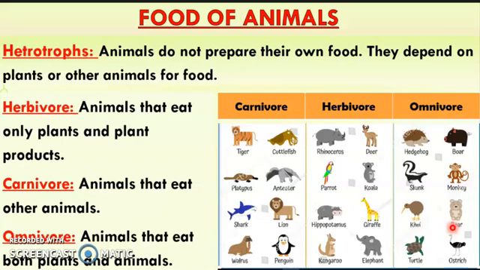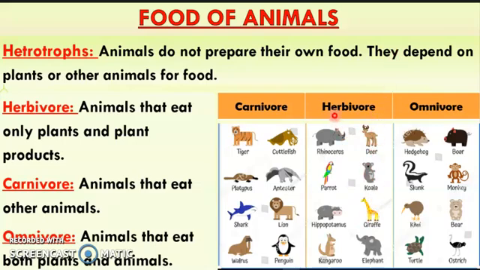Cat doesn't eat plants, but they eat plant products like, if you give them rice, they will eat, isn't it? But a lion doesn't eat rice. You see, they are purely dependent on animals for food. Omnivores eat both animals and plant products.